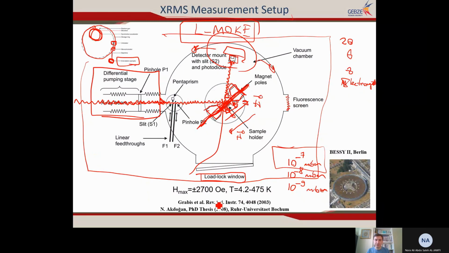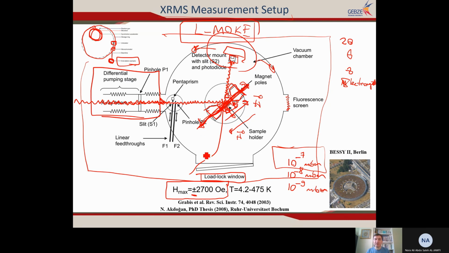So this is the load lock window, and with this design, maximum magnetic field can be applied with plus minus 2700 Oersted within this chamber. Here I have plus minus sign. I am showing the direction of the magnetic field, okay?